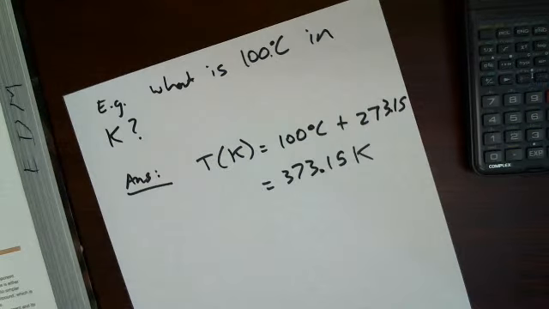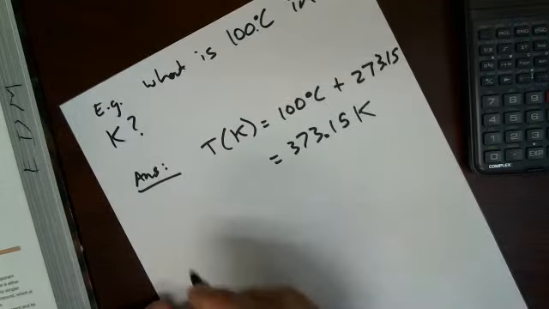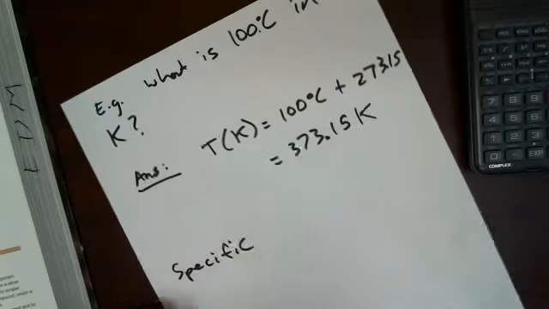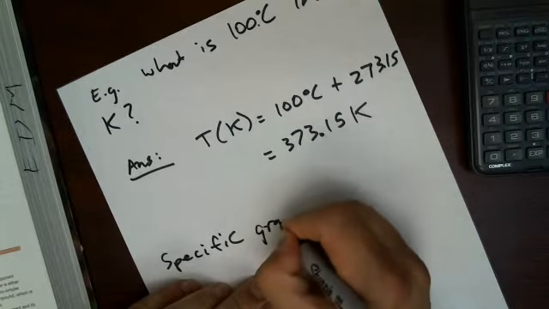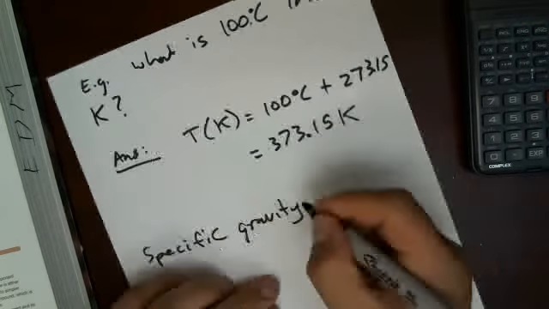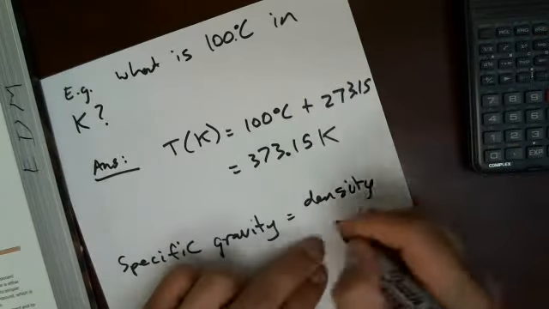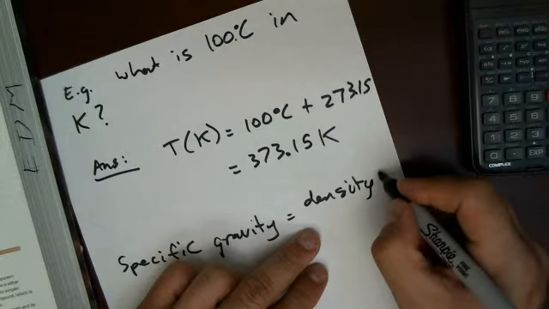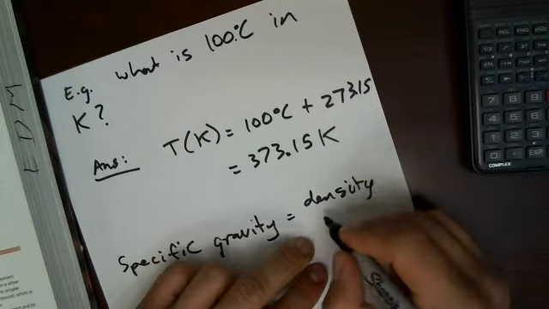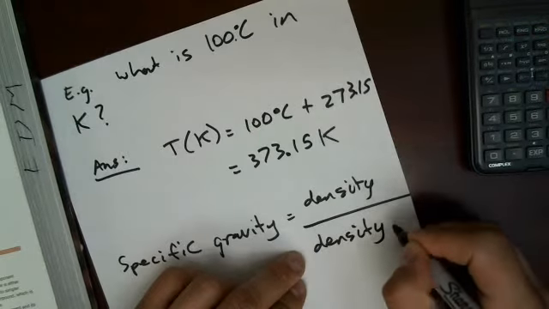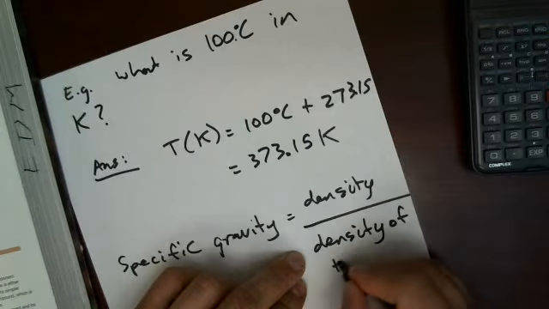The book also mentions this idea of specific gravity. I'm not sure that I'll test you on this, but it's just in case I do, I guess. So worth knowing. So specific gravity equals density over density of H2O.